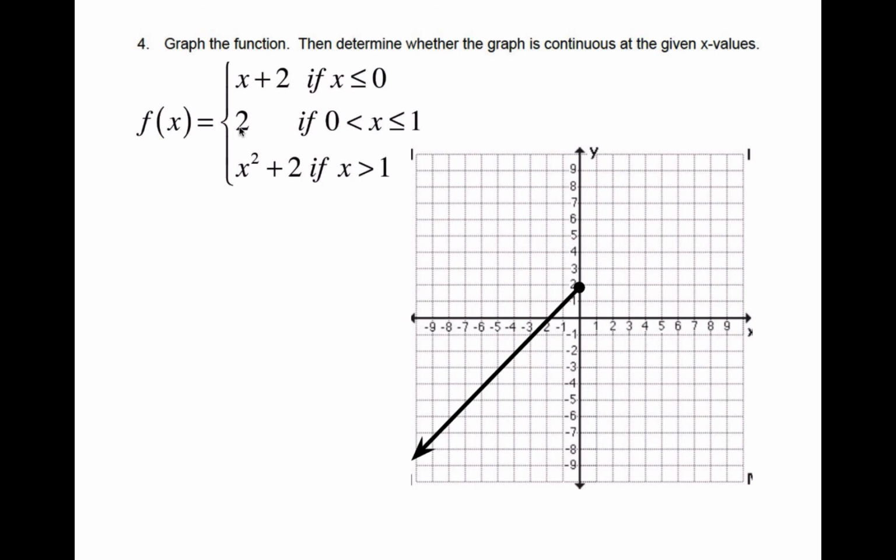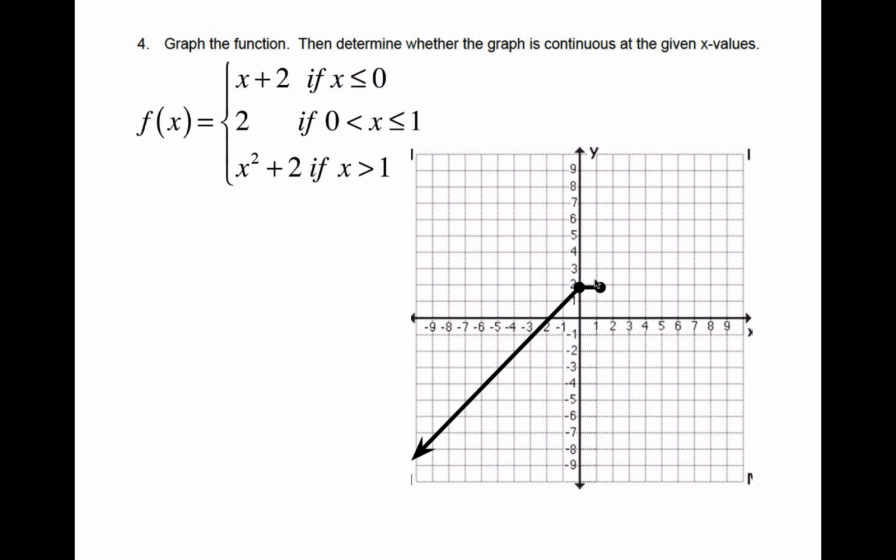This is y equals 2, so that's a flat line through y equals 2. And then this would have been an open circle, but it's already solid from up here, so it's going to stay solid. And then this one is a solid circle at 1, keeping everything in between, erasing anything not in between. And then finally, we have our U-shaped graph, x squared, and it's shifted up 2. So instead of starting at 0, 0, you're going to go up 2, put a dot, and we're going to square the numbers.